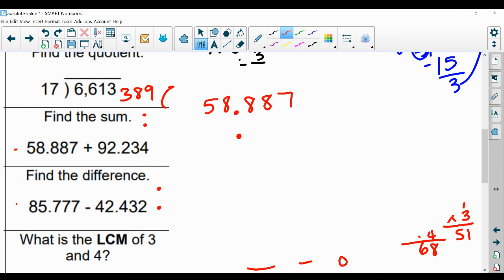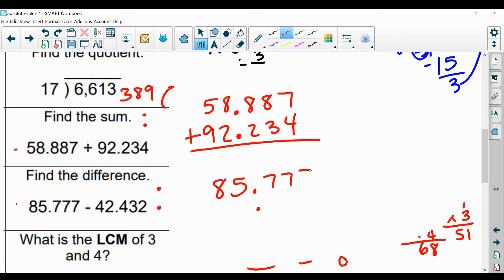And then add it. Same thing for subtraction. And then you just subtract.